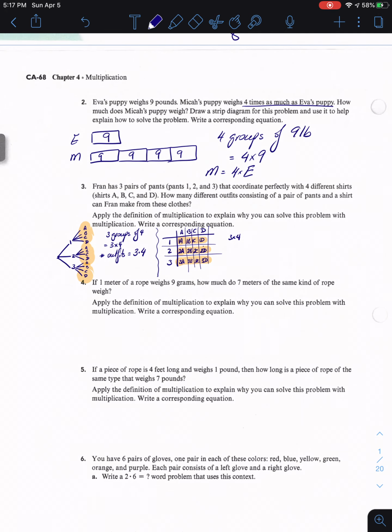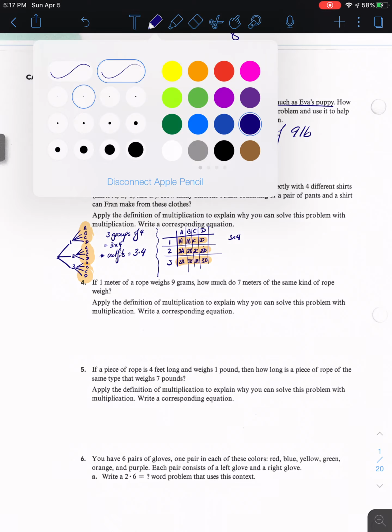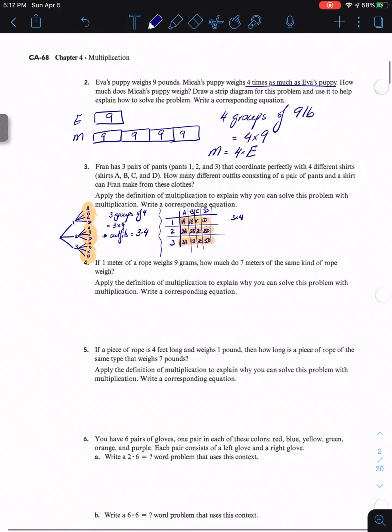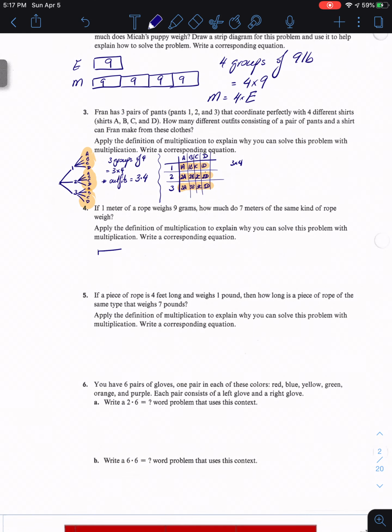If 1 meter of a rope weighs 9 grams, how much do 7 meters of the same kind of rope weigh? Apply the definition of multiplication to explain why you can solve this problem with multiplication and write a corresponding equation. So if we have 1 meter of rope is 9 grams, then 7 meters of the same rope, so 1, 2, 3, 4, 5, 6, 7, right?